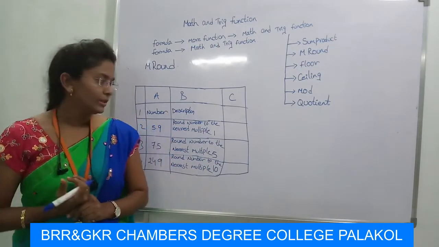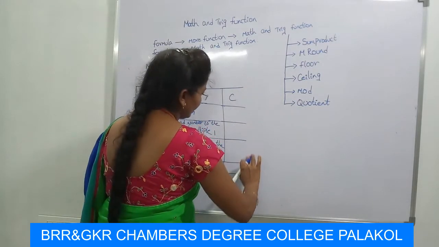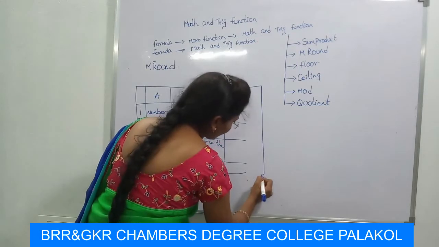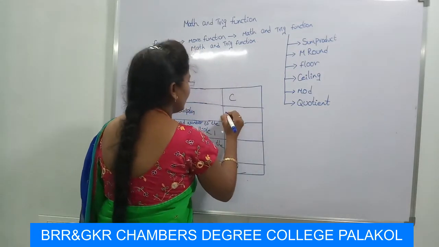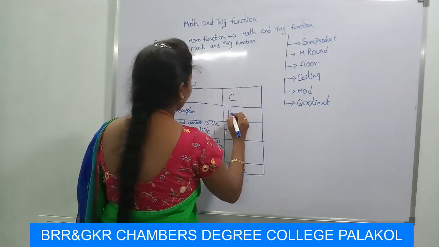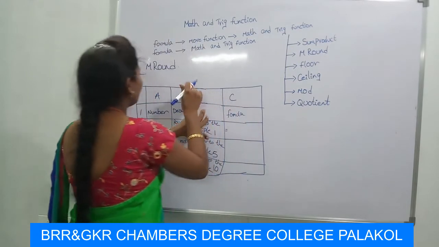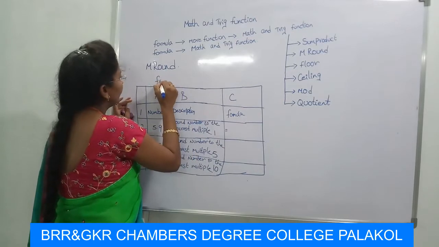Here I have to write the formula in the C2 cell. How can I write the formula for the round? Same equal to symbol. Formula should be entered here. I am selecting this cell and entering the formula. Equal to sign.